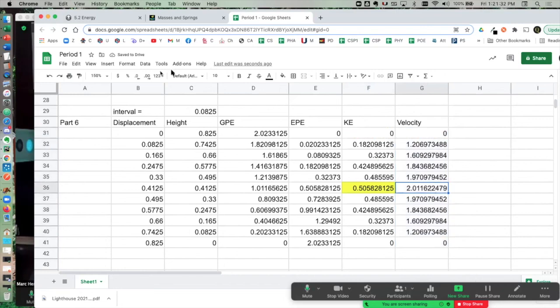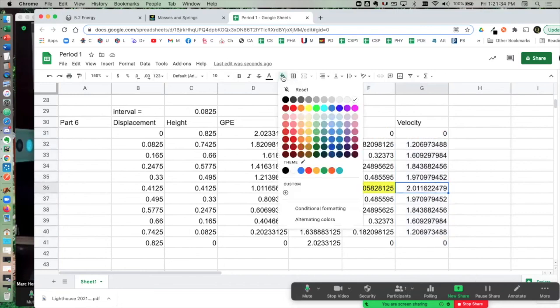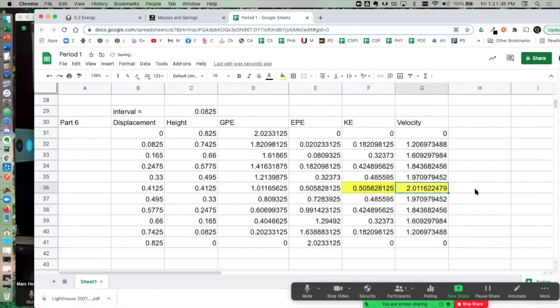And right here in the middle, we have a maximum velocity, max velocity. It looks like the mass gets up to about 2 meters per second. Then it slows down to 0 again. A little above it. Okay, here we go.